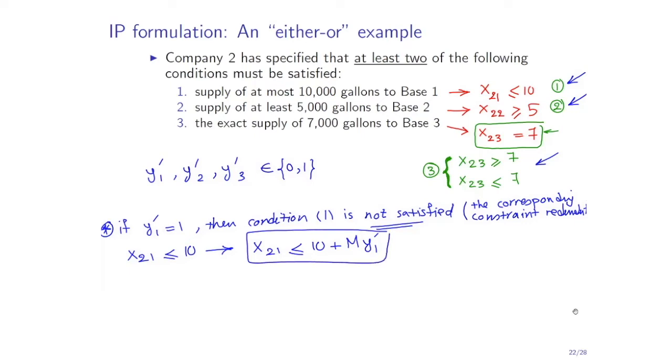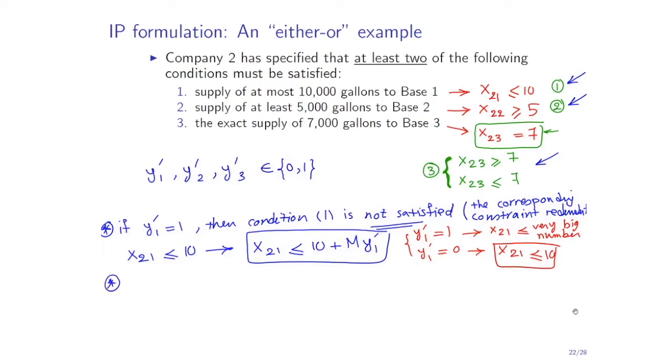Then if y prime 1 is 1, I will have x21 less than or equal to a very big number, so it is trivially satisfied. In other words, this value of y prime 1 makes this constraint redundant. And if its value is 0, I will get the original constraint of condition 1. Great? Okay.